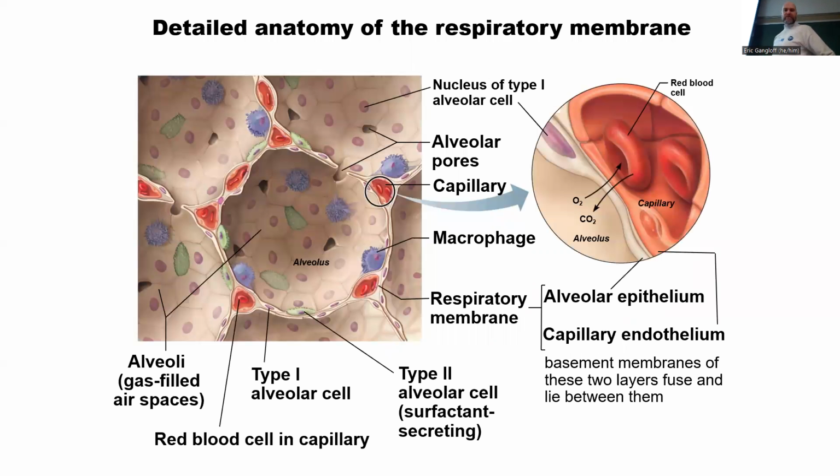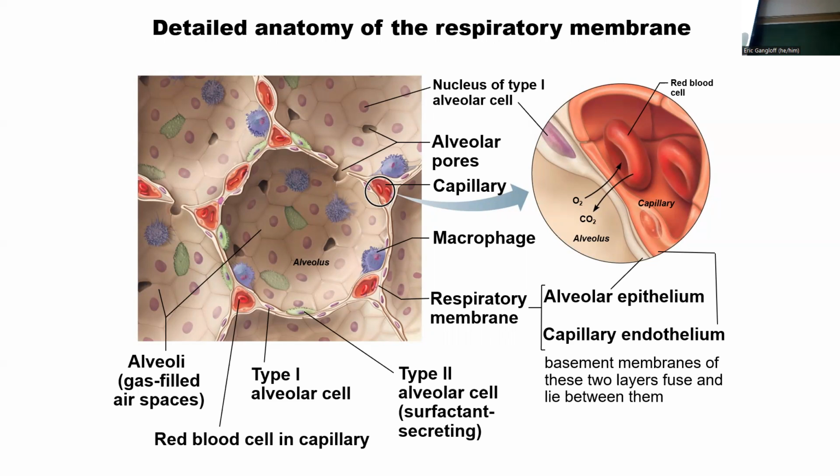If we look at this on a microscopic level, there's a lot of information in this slide, but what you can see here is the type 1 cells, these simple squamous cells making up the wall, I'll call it, of the alveolus. Then we have the type 2 cells, which are secreting this surfactant that keeps it lubricated and inflating and deflating efficiently. And then we have a macrophage here, these little guys wandering around trying to pick up stuff that we don't want there. And of course, these are closely associated with these capillaries, and that's where the gas exchange happens.